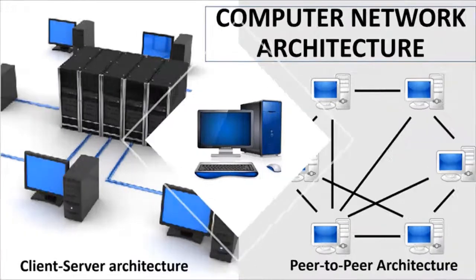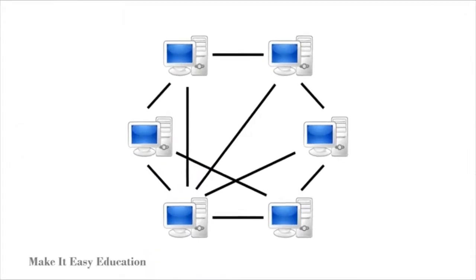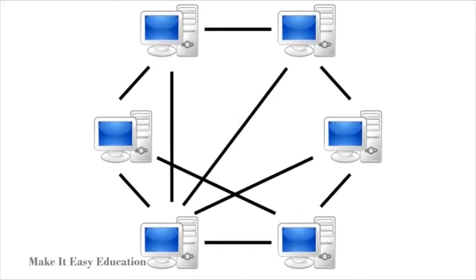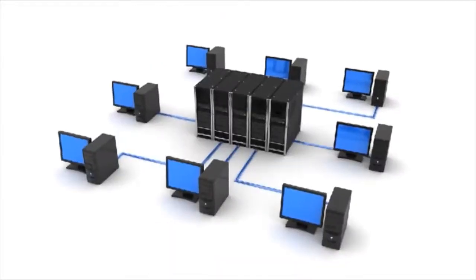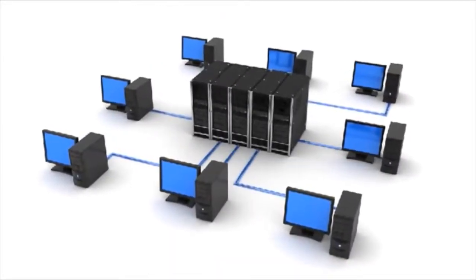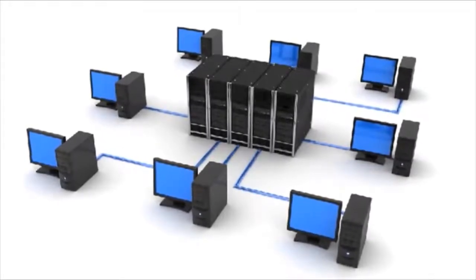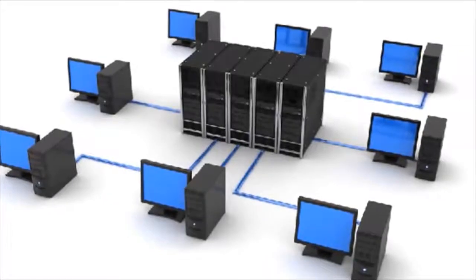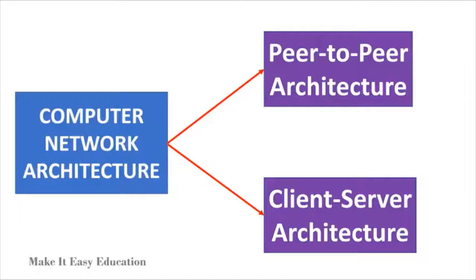Computer network architecture refers to the way computers are organized in a network. It defines how the computers should be connected to get the maximum advantages of a computer network, such as better response time, security, scalability, etc. The two most important computer network architectures are peer-to-peer architecture and client-server architecture.